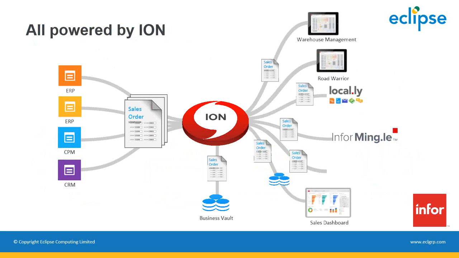So Infor's vision of the modern enterprise is that if an organization is using Ion, then this is something that can really power all of those applications within the organization. We can build connections between a CRM system, our ERP system, the sales system, the front office system, the reporting warehouse.